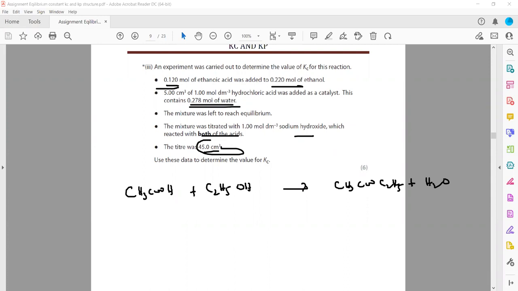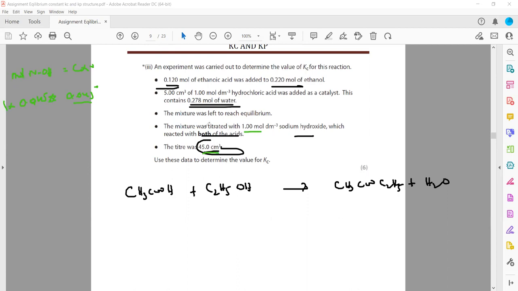Using the concentration and volume of sodium hydroxide, we'll get the moles of sodium hydroxide. The moles of NaOH is 0.045, because it is concentration times volume, and the concentration is 1. And out of this 0.045, how many moles of hydrochloric acid are there?